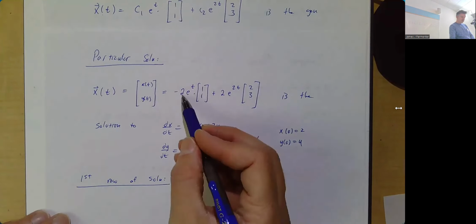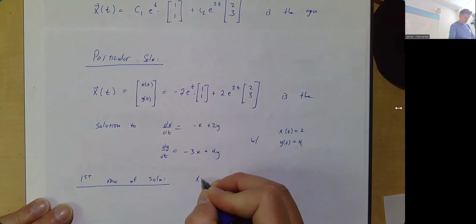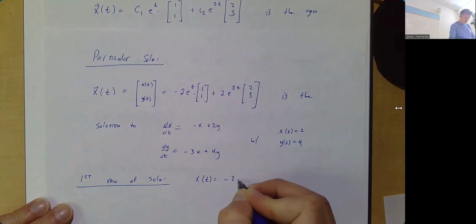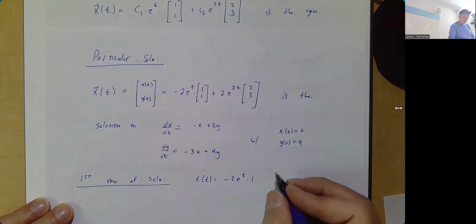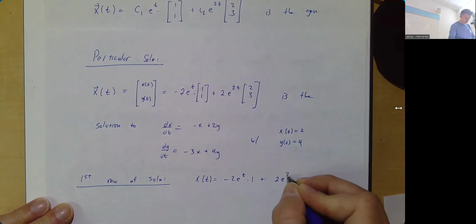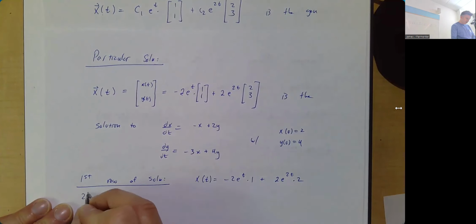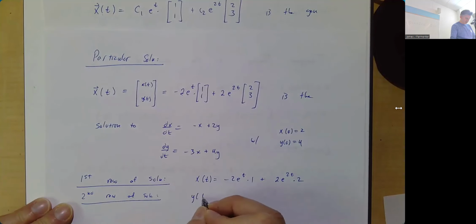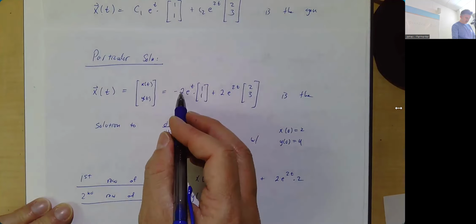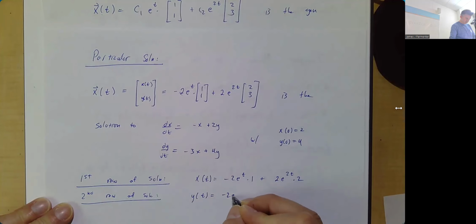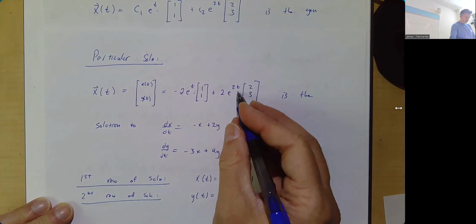So it's -2 e to the t times 1 plus 2 e to the 2t times 2. And the second row of our solution is just y of t equal to -2 e to the t times 1 plus 2 e to the 2t times 3.